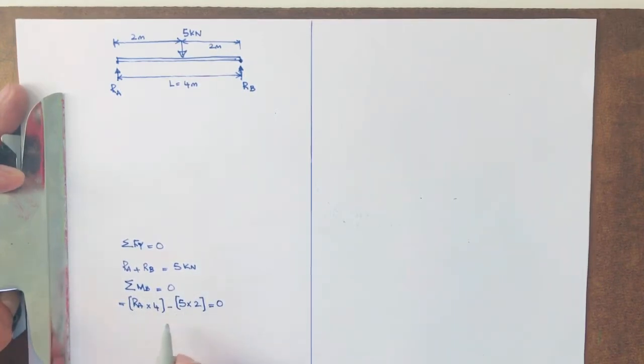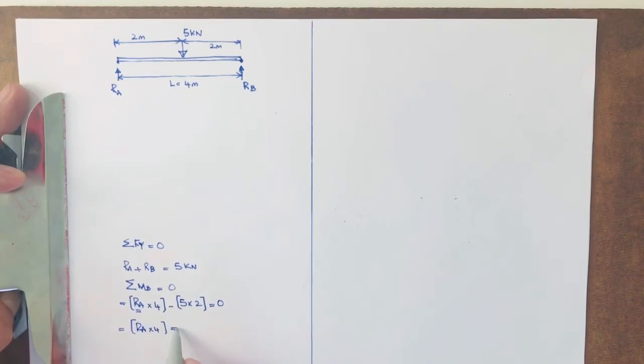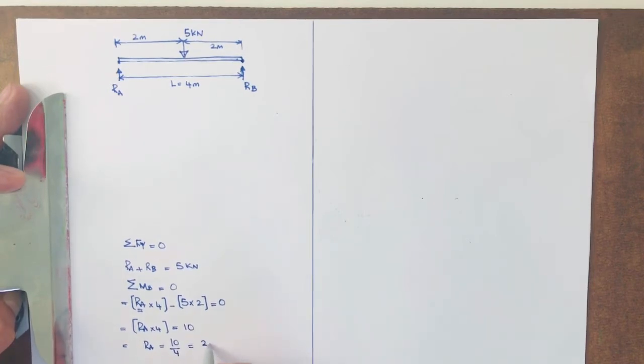From this equation we can work out RA. RA times 4, this is minus, so we take it to the other side, equal to 10, 5 times 2. So RA equals 10 divided by 4, equal to 2.5 kilonewton.